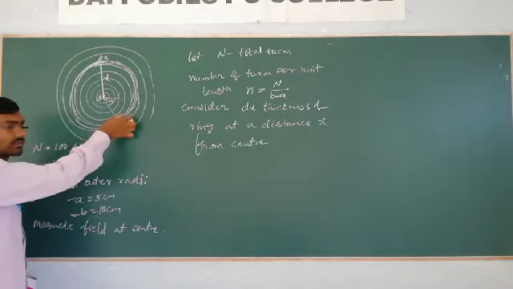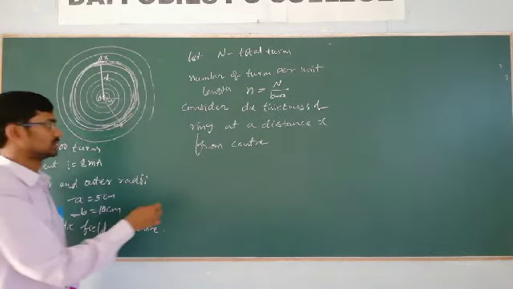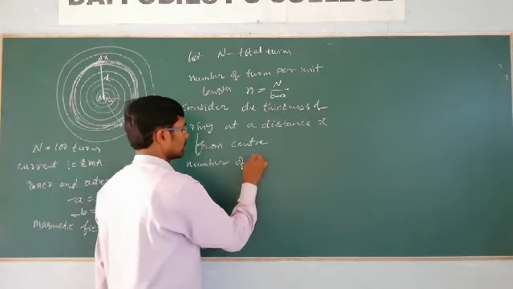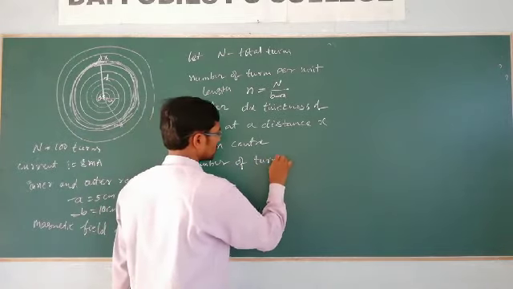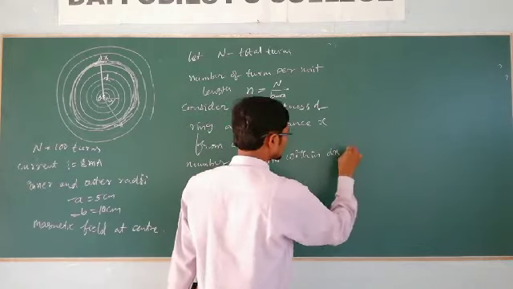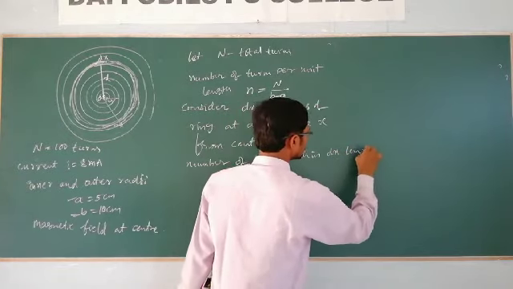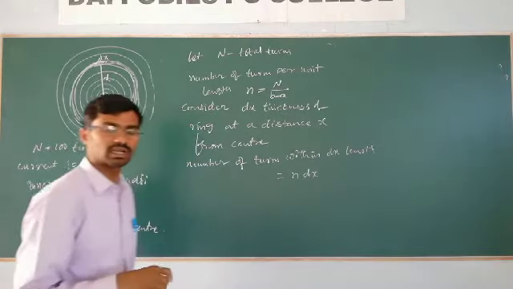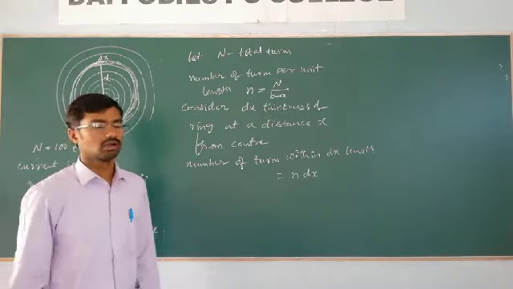Then what is the number of turns within this dx length? It is n dx, the number of turns per unit length into the thickness.